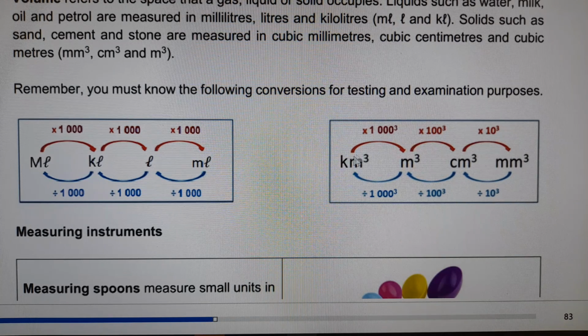If you go forward one step, you multiply by 1000 to the power 3, and if it's 2 steps, it will be 100 to the power of 3, and if you go another step, it will be 10 to the power of 3.